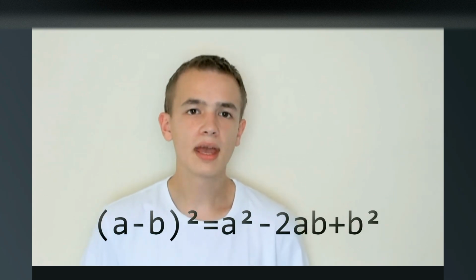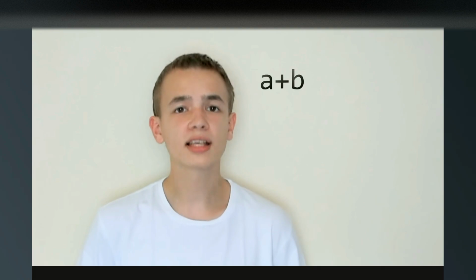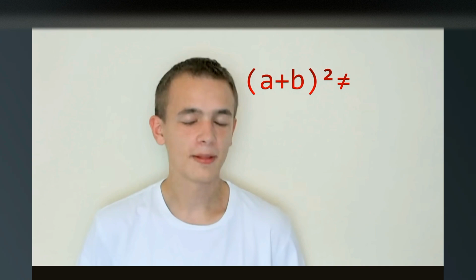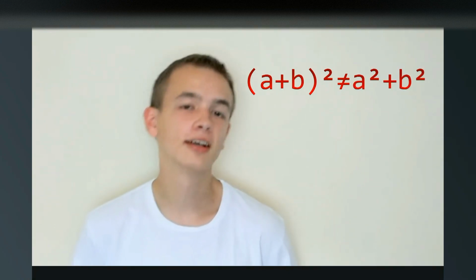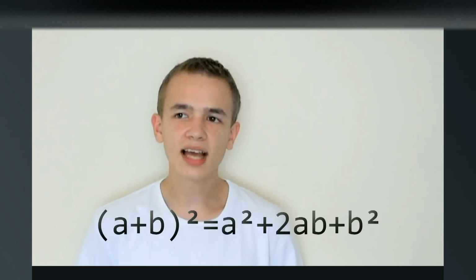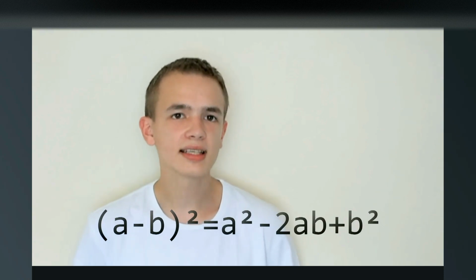Klammer auf a minus b, Klammer zu ins Quadrat, ist gleich a Quadrat minus 2ab plus b Quadrat.